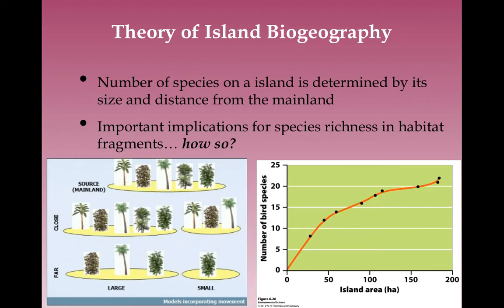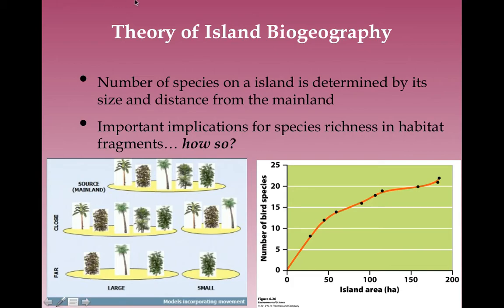The chance of a bird flying onto that island is much higher. The chance of something floating on a piece of bark and happening to come onto the island is much higher if it's close to the mainland than if it's farther away. So think of the extreme: very remote, very small islands are going to have much lower species richness than one that's very large and close to the mainland, where a lot of species can come over.